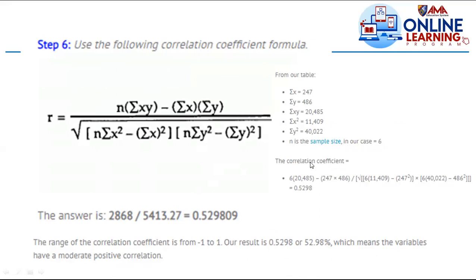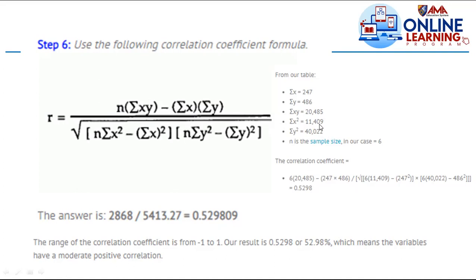Okay? So, the correlation coefficient is equal to 6 times 2485, no? Summation of xy, ito, no? Then, 247 times 486. 6 times 2485 minus 247 times 486 divided by the square root of 6 ulit.